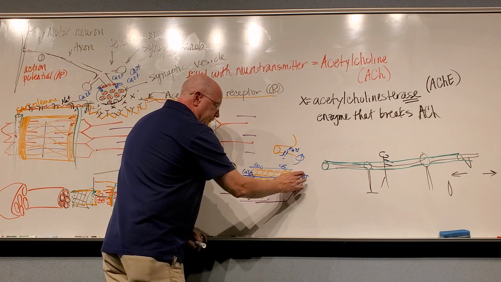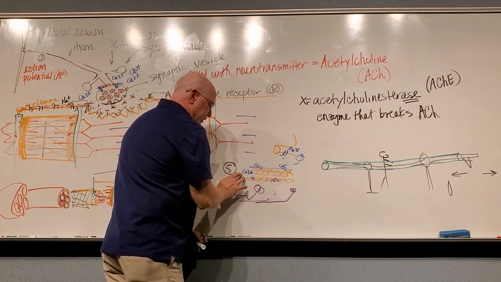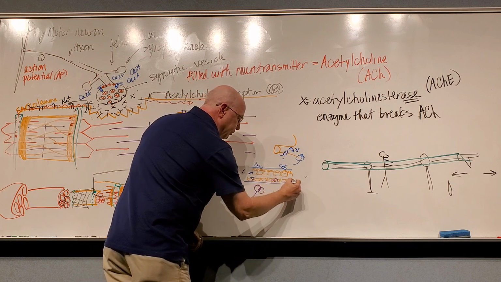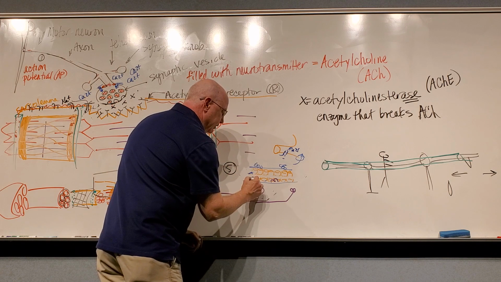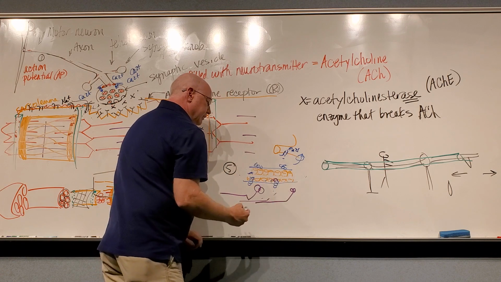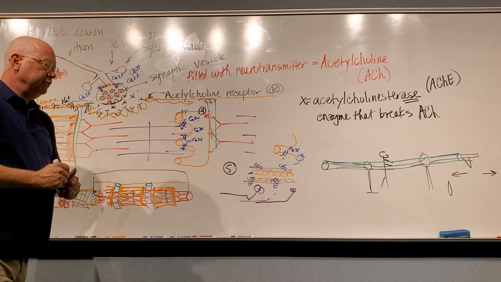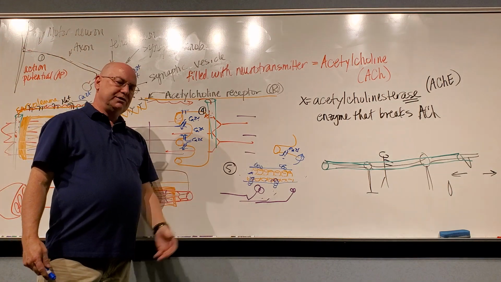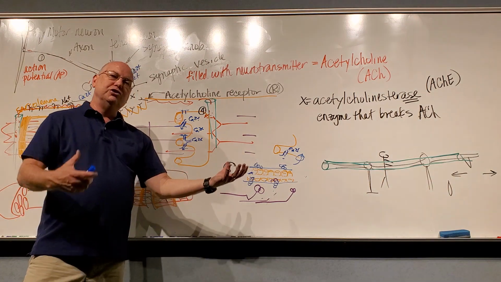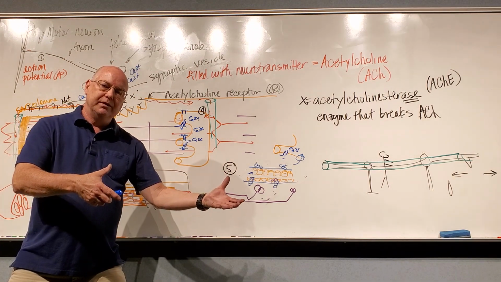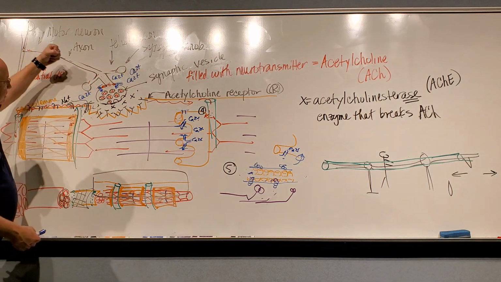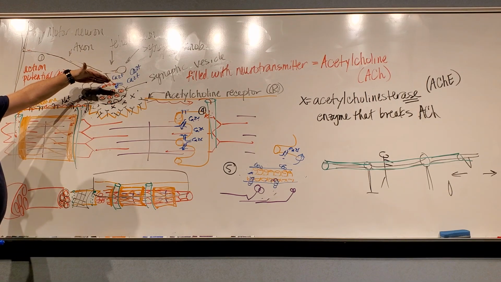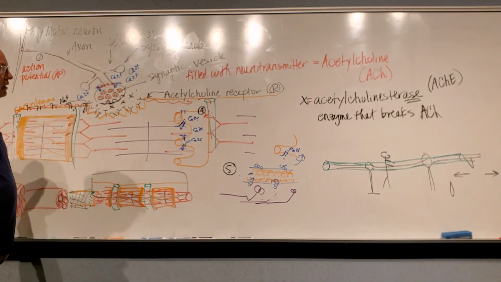So, if I remove all of this and I put the tropomyosin back over the active site, I know it's getting a little messy here, then with the calcium removed, troponin places tropomyosin back over the active site. The myosin heads can't grab and pull, so they just sit there waiting. The next time I send an action potential, I shock the calcium channels into opening in the synaptic knobs.